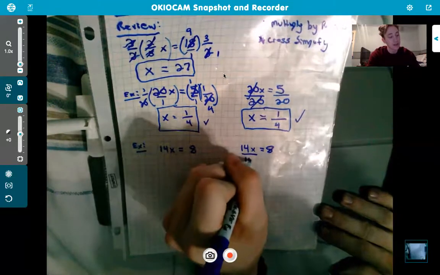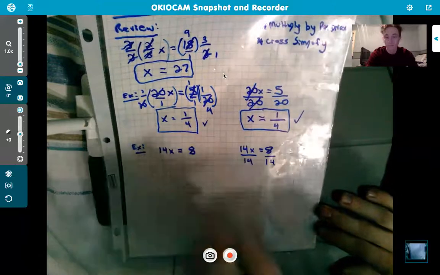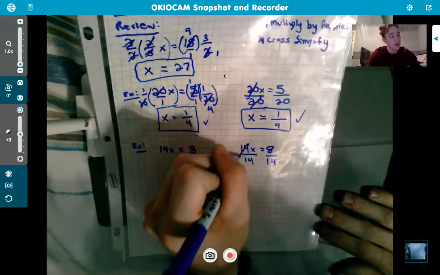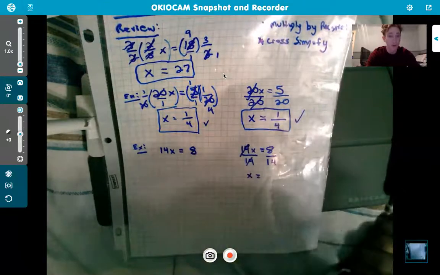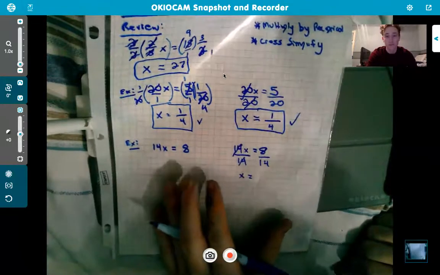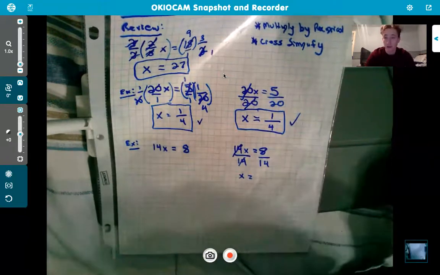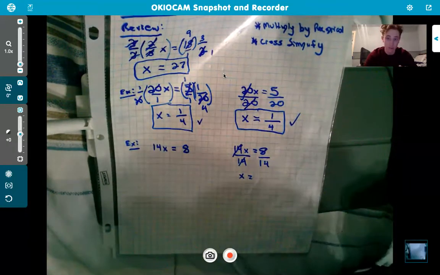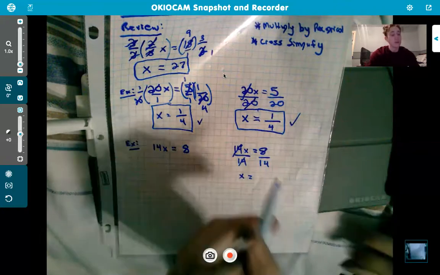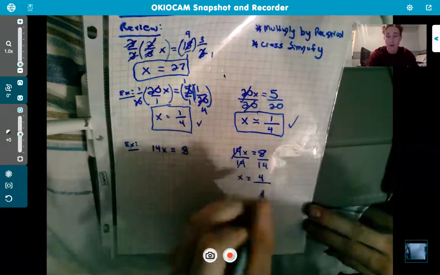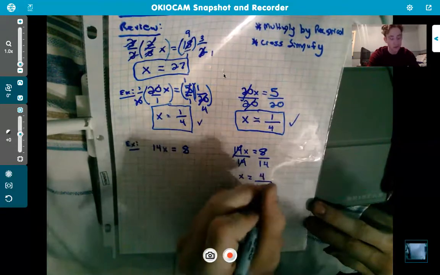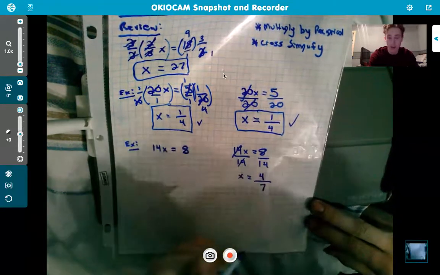I can divide both sides by 14. I know 14 divided by 14 is going to leave me with an x, right? Because it's just 1. 8 over 14. I need to think about a number I can divide both of those by evenly. Notice that 2 goes into 8 4 times, and 2 goes into 14, 7 times, right?